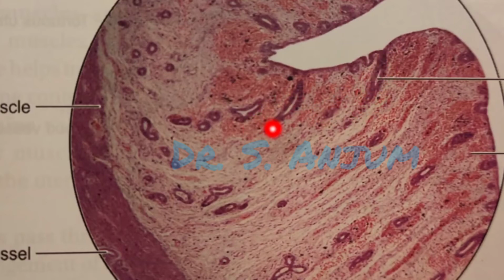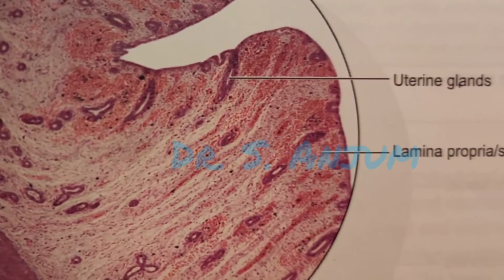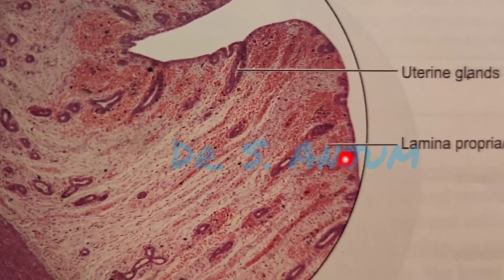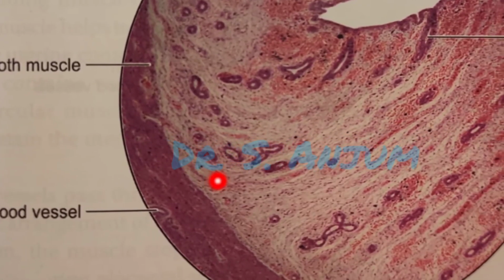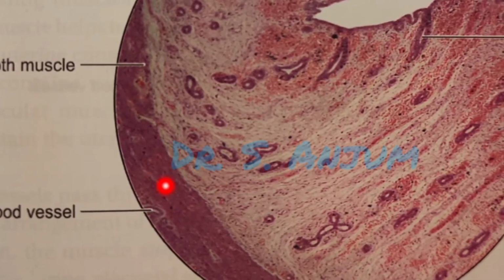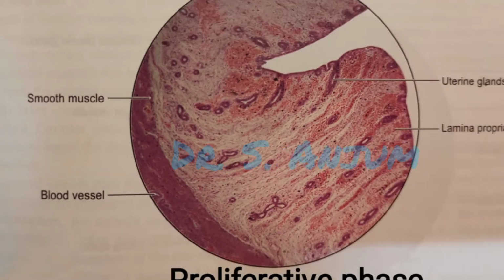These are uterine glands. These are simple, tubular, straight, and this one is lamina propria or stroma, and the darkest part is the muscle layer. Muscle layer is very thick. When you move the slide up and down, you can see the thick muscle layer very clearly.